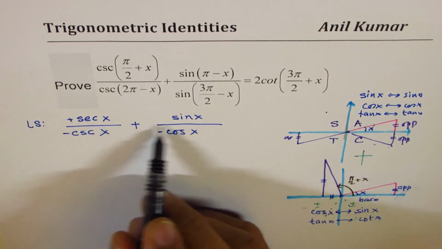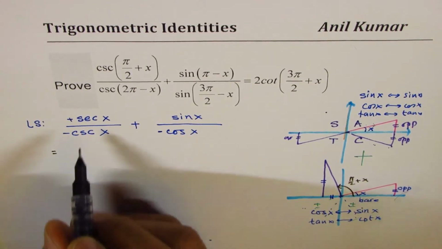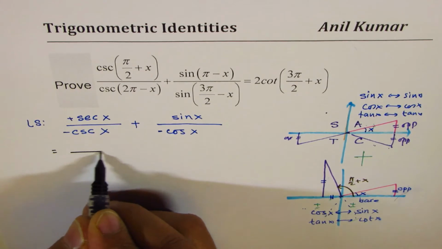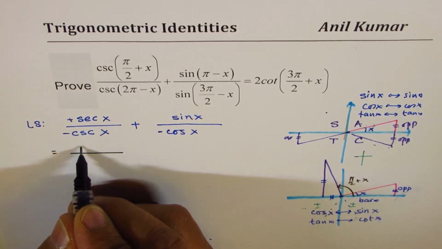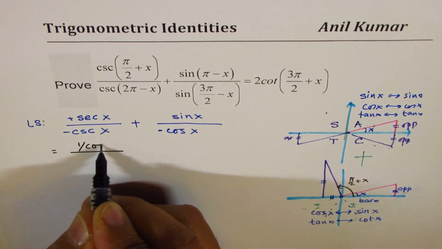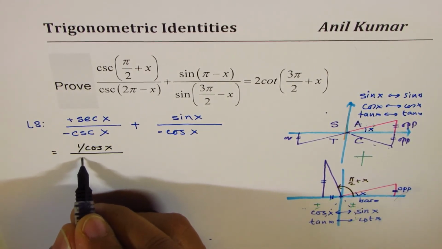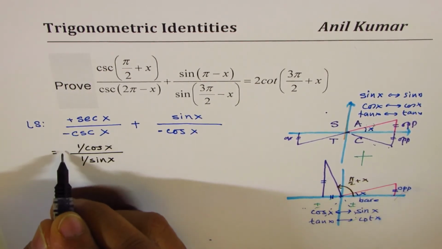So we have this kind of expression. Now let's rewrite. Secant is 1 over cos, so I'll write 1 over cos x, and cosecant is 1 over sine, so I'll write 1 over sine x. I could write this negative first here.